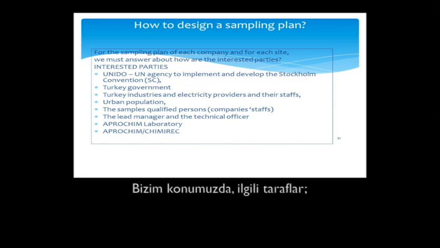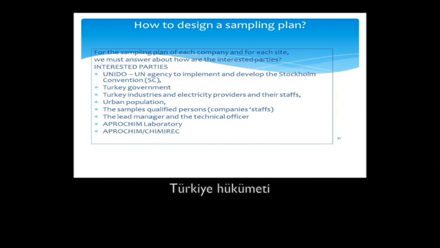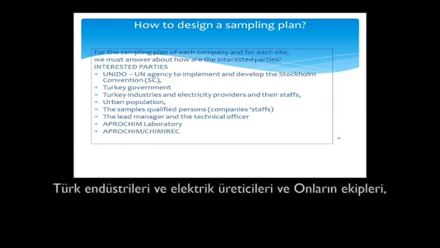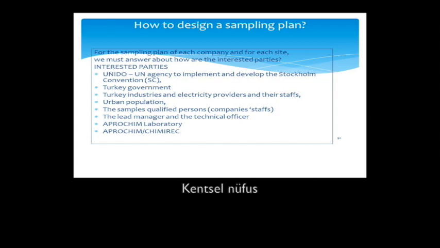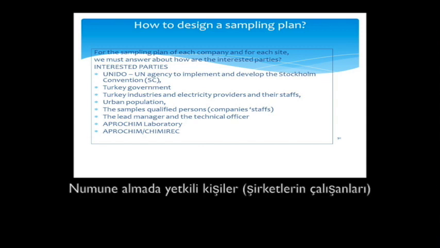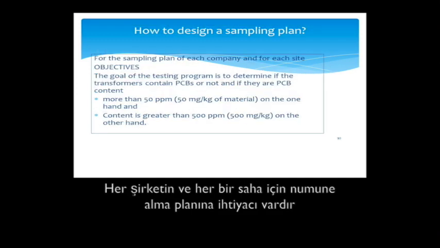In our case, the interested parties are UNIDO, of course, the United Nations, to implement and develop the Stockholm Convention, the Turkish government, Turkish industry and electricity providers and their staff, the urban population, the qualified sampling person, company staff, the lead manager and the technical officer. A sampling plan is needed for each company and for each site.